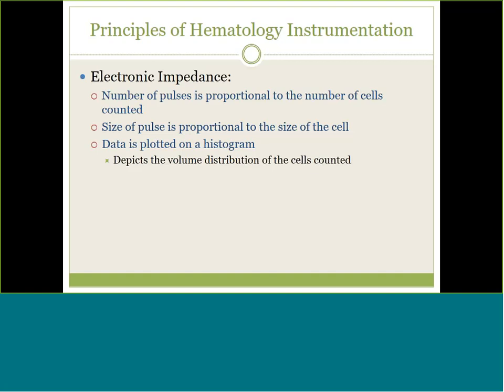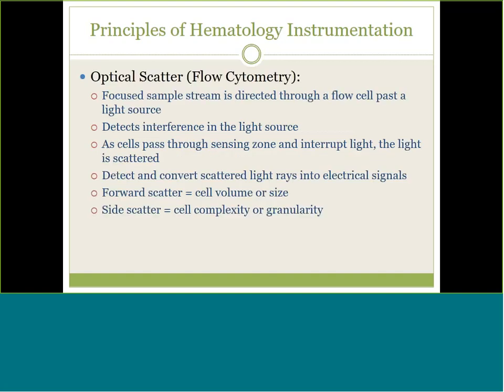And then that's how it gave you your results. It gave you the count of cells per each cell type, and that's how it worked. So you do need to know electronic impedance there, and then all of that data, again, is plotted out. In this case, it's what we call a histogram plotting.